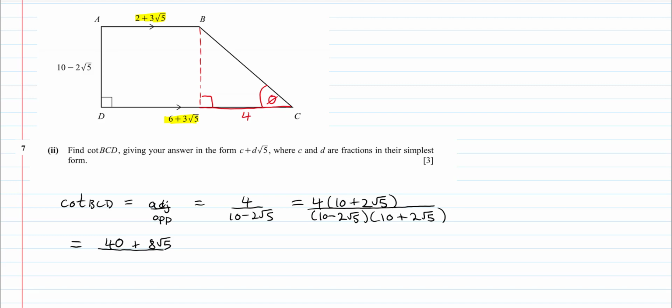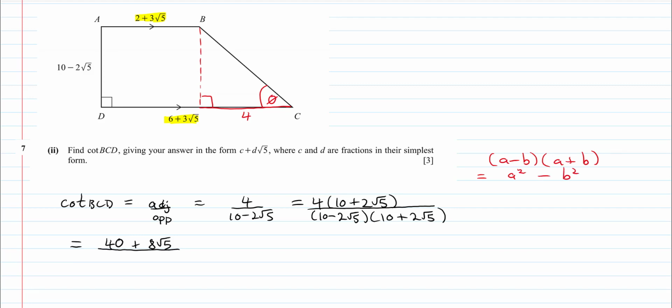And then in the denominator, well, when we multiplied that 10 minus 2 root 5 by its conjugate, then we get this form here, a minus b, a plus b, and that just equals a squared minus b squared.